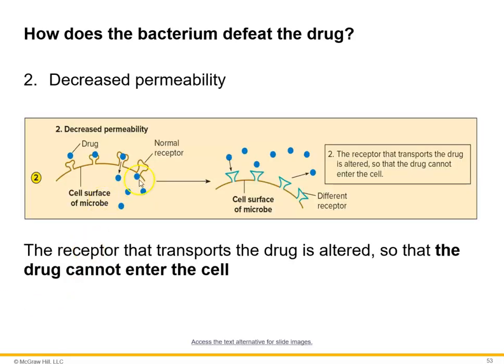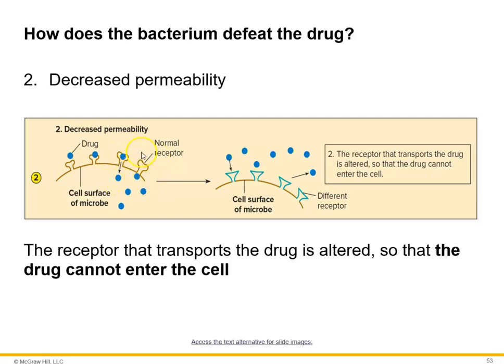Okay, another tactic is to decrease permeability of the drug. So if the cell is not taking in the drug, it's not going to be affected by the drug. Here on the left, we have a normal cell surface of the microbe. And we've got receptors that normally interact with the drug and bring the drug into the cell.